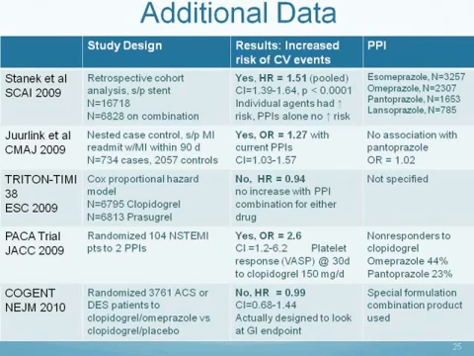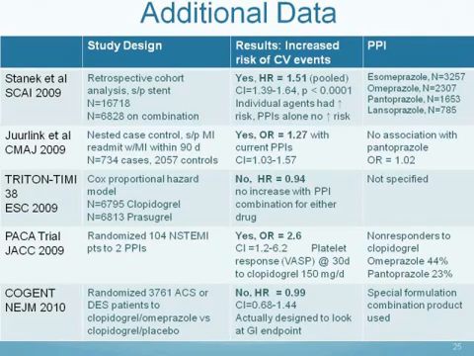There's also the Juurlink study, which also found an increase, and they used an odds ratio of about 1.27 for people that were receiving clopidogrel in addition to a PPI. They made the note in their paper that they did not find an association, however, with pantoprazole.